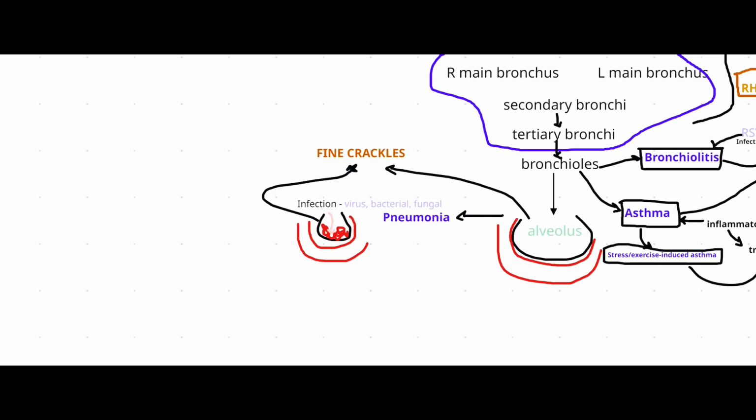Let's stay here a little bit more and talk about the signs and symptoms that we are going to see because of this secretion in the alveoli. So the first thing that will happen, let me ask you this question: will it be hypoxia or hypercapnia in pneumonia? What do you think will happen first?